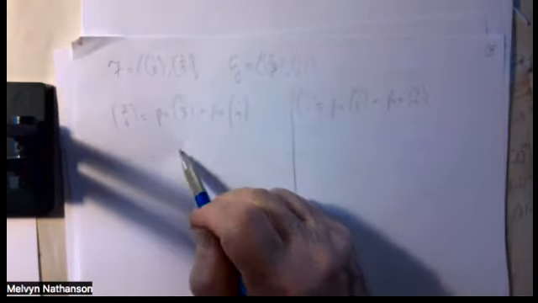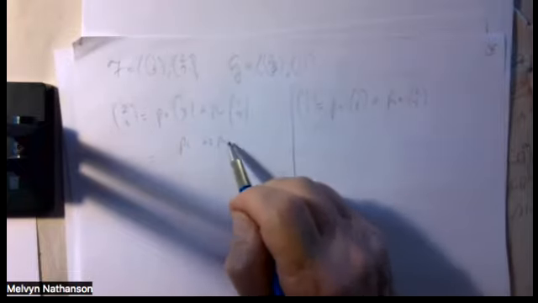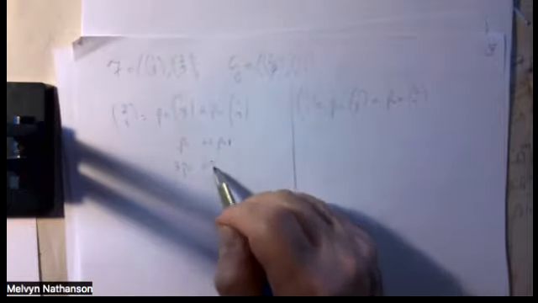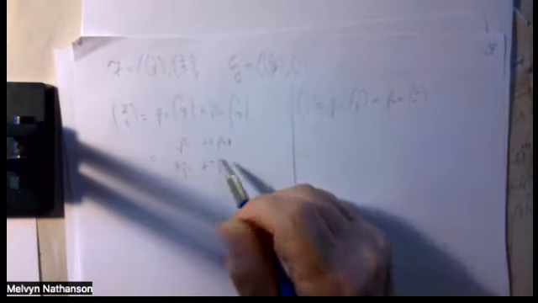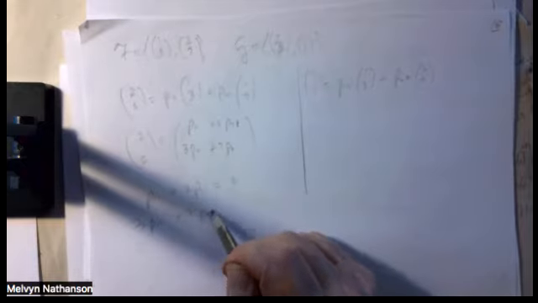Let's see, this is P11 plus 2P21. This is 3P11 plus 7P21. So I'm solving the equations P11 plus 2P21 equals 2, 3P11 plus 7P21 equals 0.